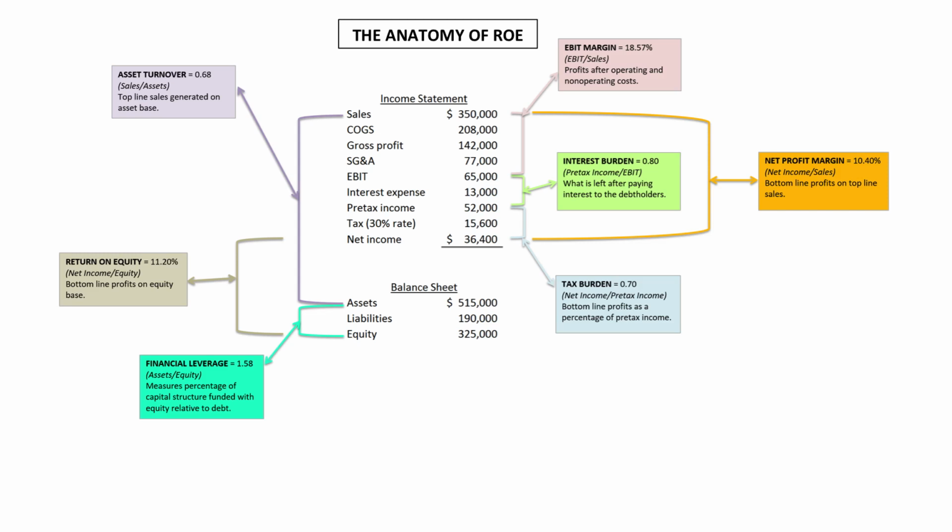Now our interest burden. How much income are we going to retain after we cover our interest expense? So for our interest burden, we want that pre-tax income of 52, and we want to divide that by our EBIT of 65. That gets us an interest burden of 0.8. Again, the higher the better. The more income you can retain after you cover your interest burden, the better.